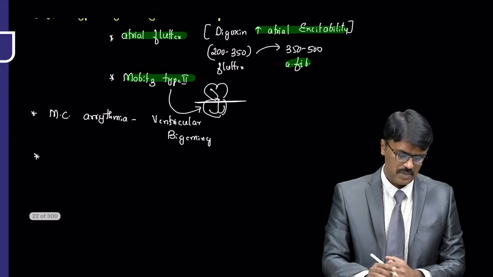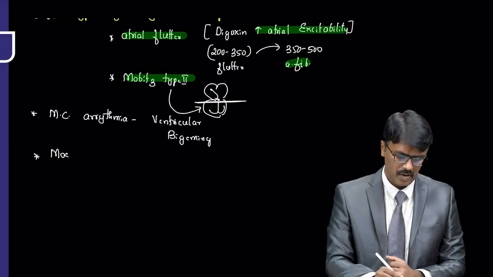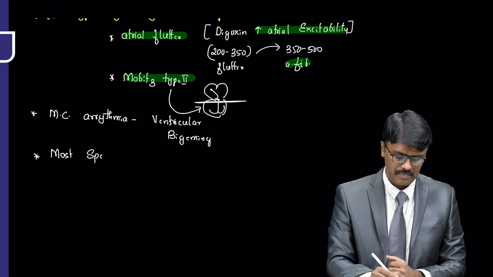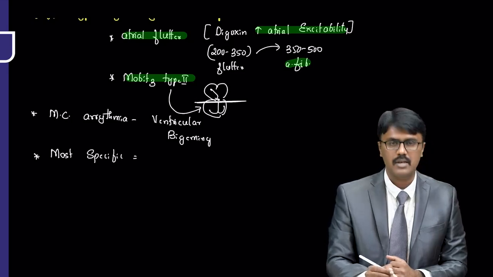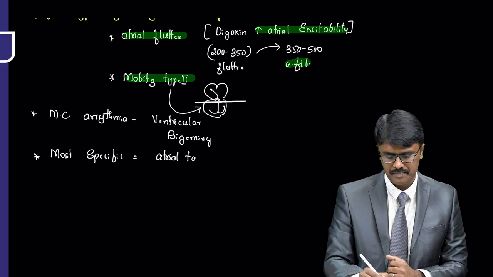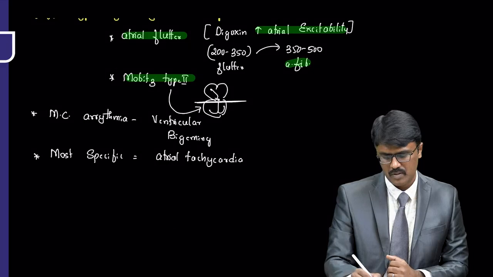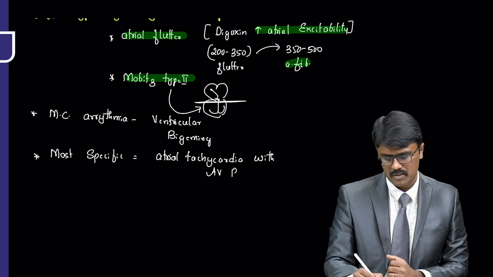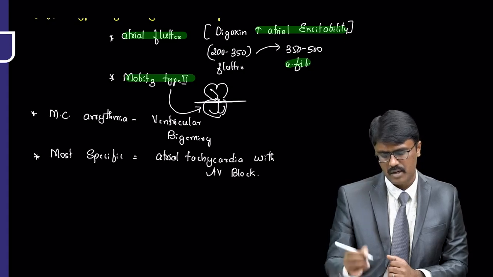Then what is the most specific or most characteristic arrhythmia? Most specific is atrial tachycardia with AV block.